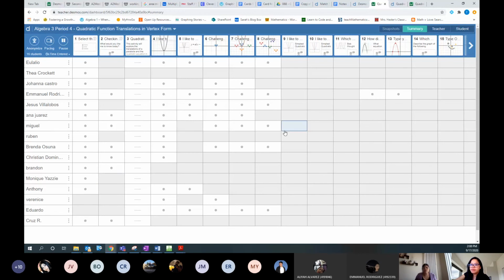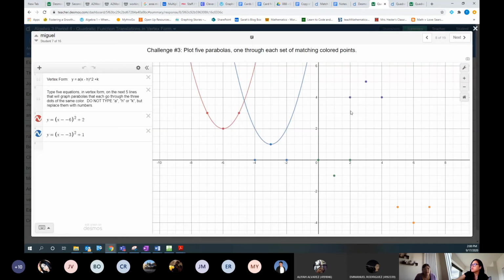Which number, Miguel? This one? Okay. So you're working on the blue one. It should point downward.